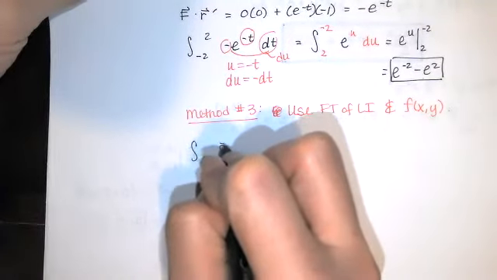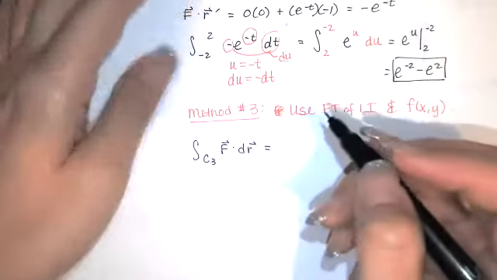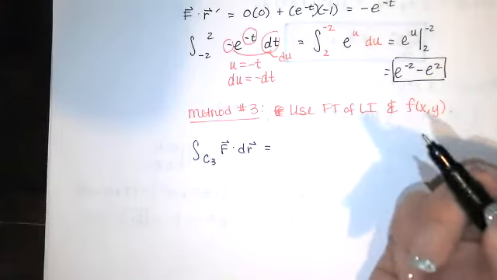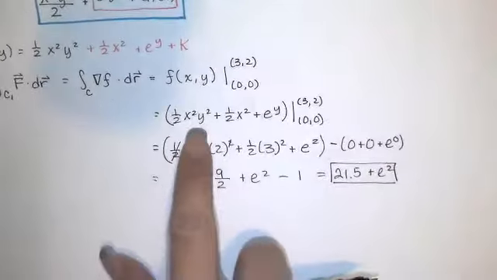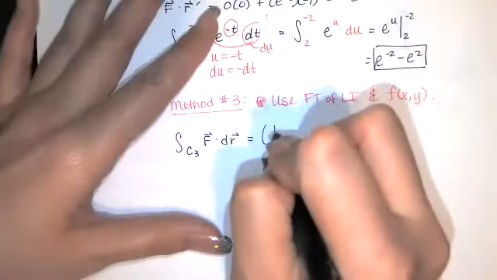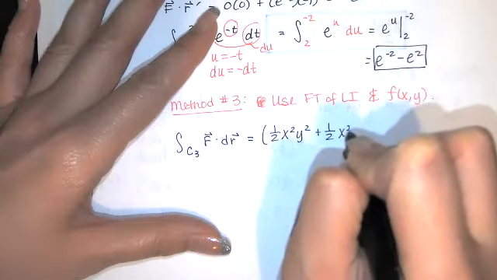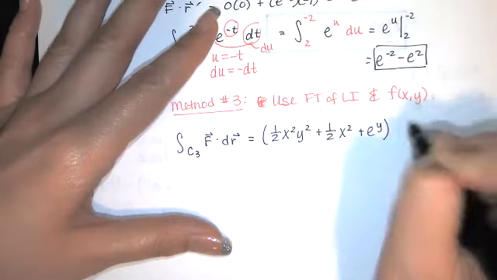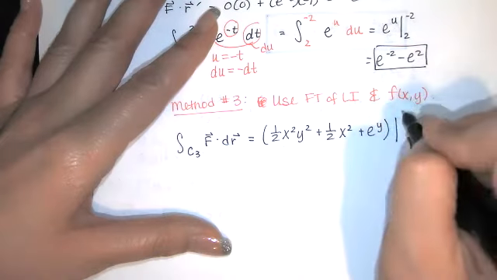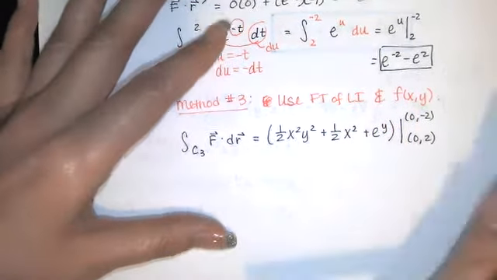According to the fundamental theorem, this is just equal to our potential function, which is on the back of this. It was this function, 1/2 x squared y squared plus 1/2 x squared plus e to the y. And we evaluate at the final point and the initial point, and we subtract.